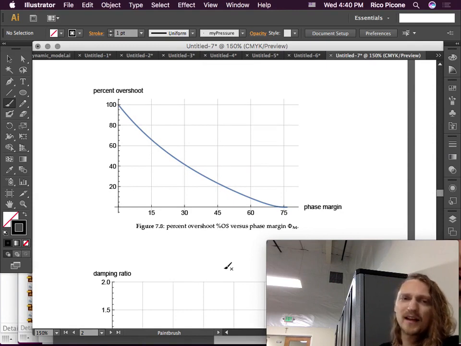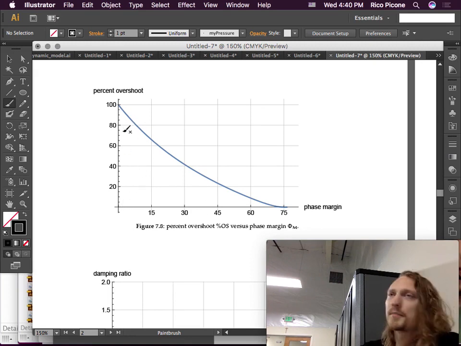And you can see that low phase margins mean high percent overshoots, and high phase margins, which high is 60 degrees of phase margin. I should have a label here, degrees.